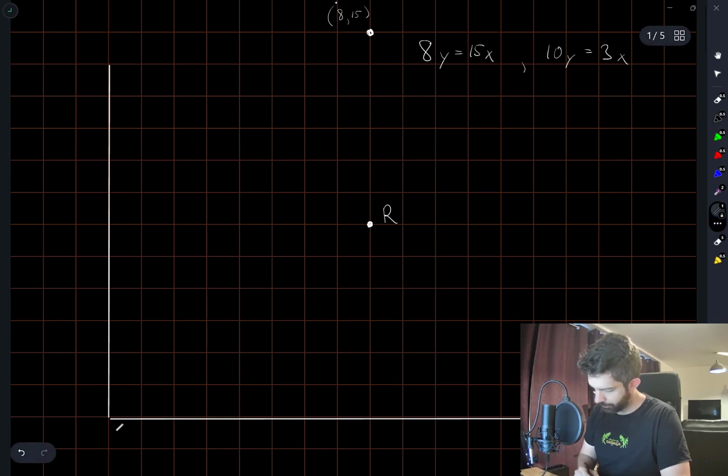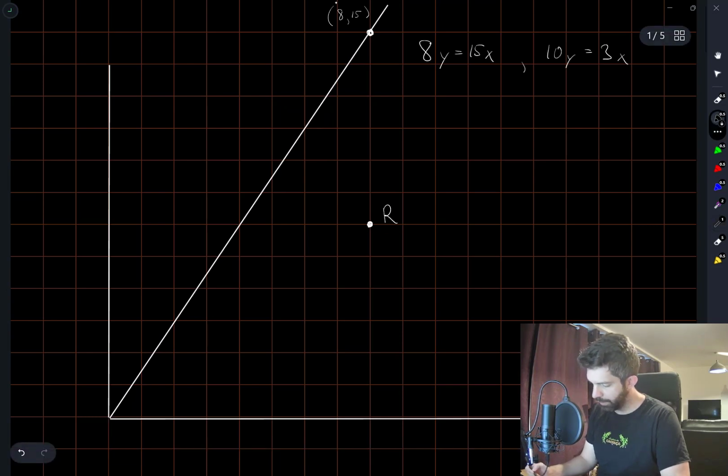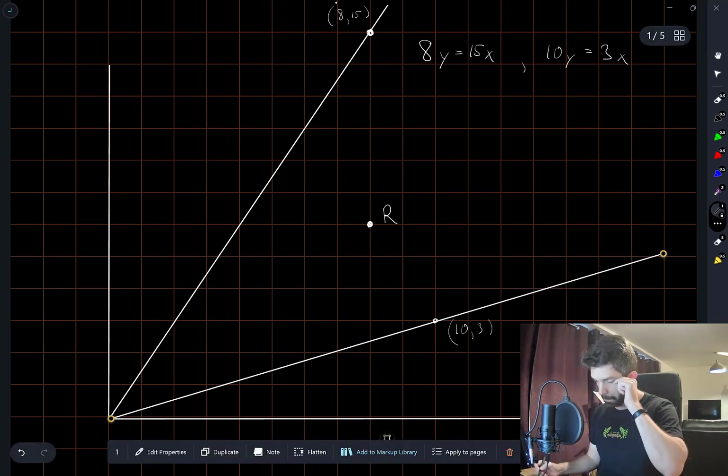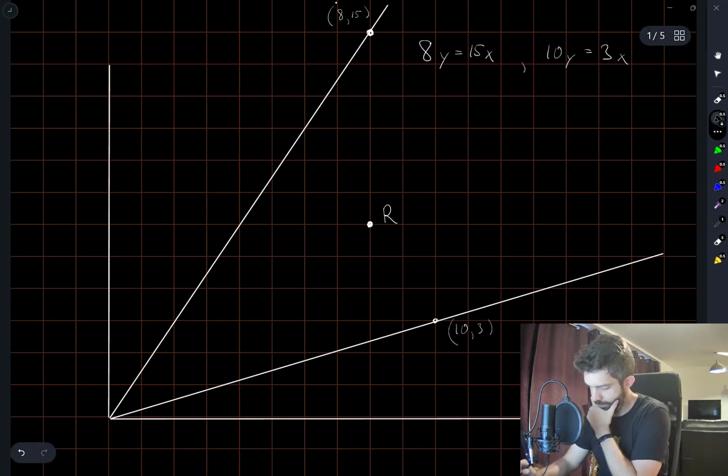That's going to be one of our lines. And we also have the point (10, 3), which is also going to be one of the points on the other line. And we need to find the points P and Q such that R is halfway between.